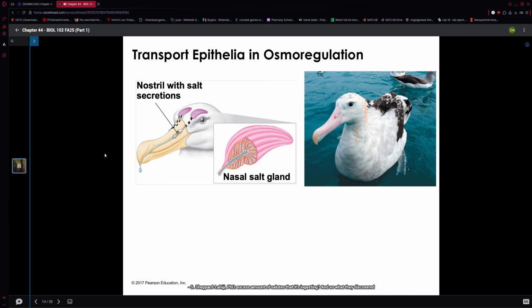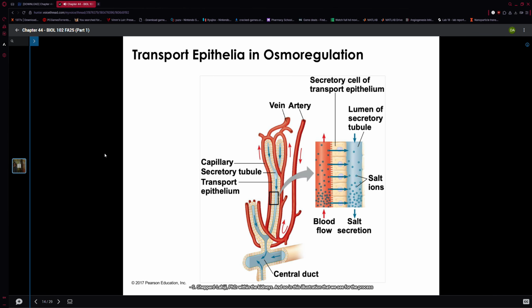And so what they discovered was that the birds had a nasal salt gland. And when we kind of zoom in and start to think about its level of organization, you will see parallels between this structure and that of our nephrons, right, or our functional units within the kidneys.